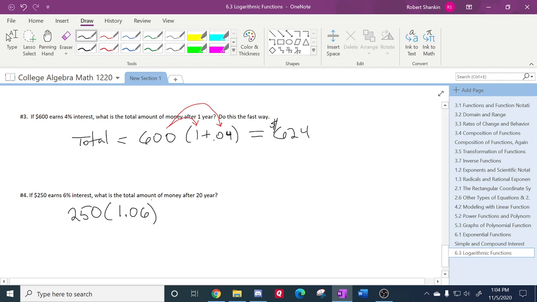And I do this 20 times, and it raises this to the 20th power. And then you've got to be proficient with the calculator. I do the exponent part first, 1.06 raised to the 20th. Get a result. Multiply that by 250. And I get, rounded to the nearest cent, $801.78.